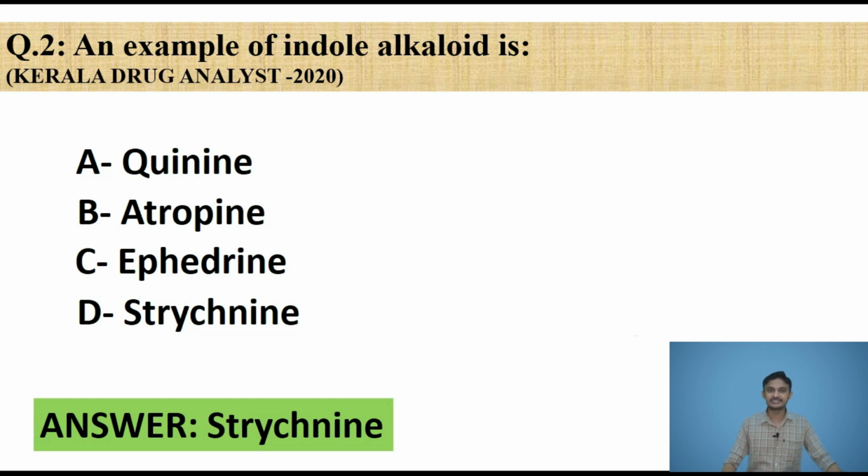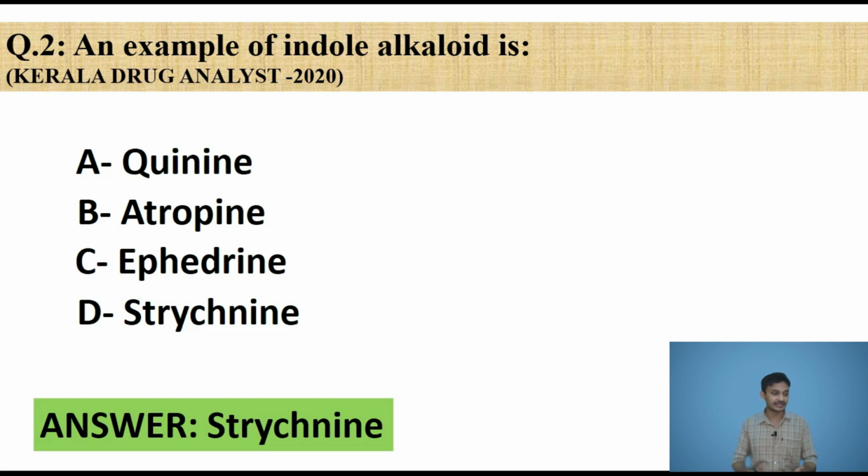Now we will see different alkaloids. Alkaloids are classified into different types based on the chemical structure. First one is indole alkaloid, then isoquinoline alkaloid, then quinoline alkaloid, then proto or amino alkaloid, then tropane alkaloid, then purine alkaloid, pyrimidine alkaloid, steroidal alkaloid. These are the different types of alkaloids.